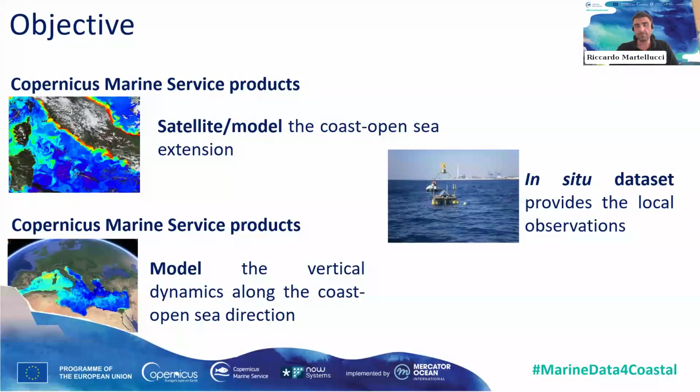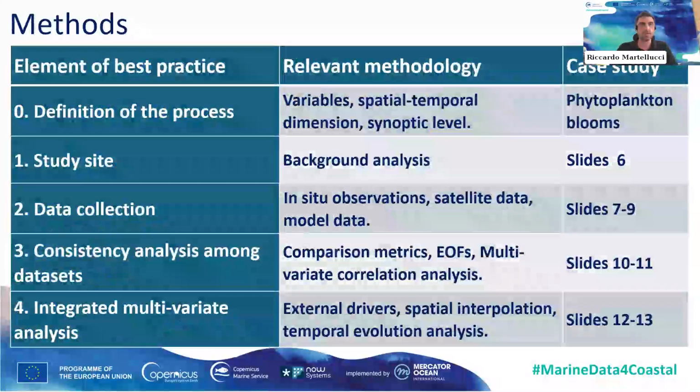It's true that there are some limits related to the model output, especially in the coastal area, as the model was tuned to describe the open ocean processes. But with this kind of analysis, we can be sure that the model product, as well as the satellite, can be useful for understanding these extremely complicated coastal processes.